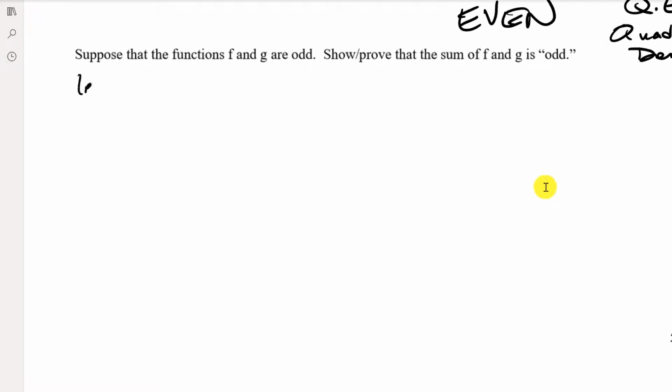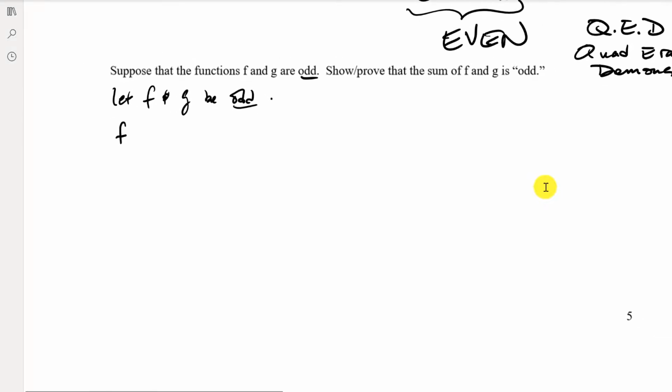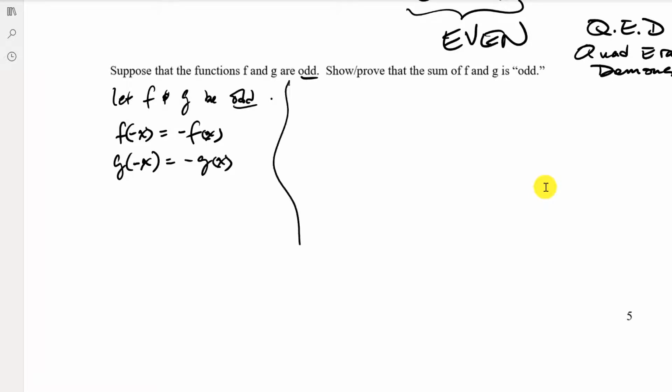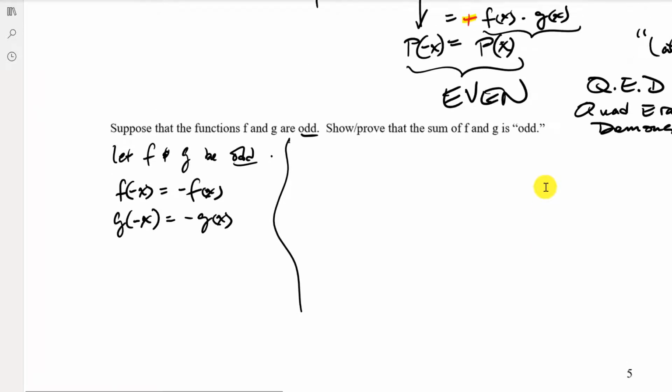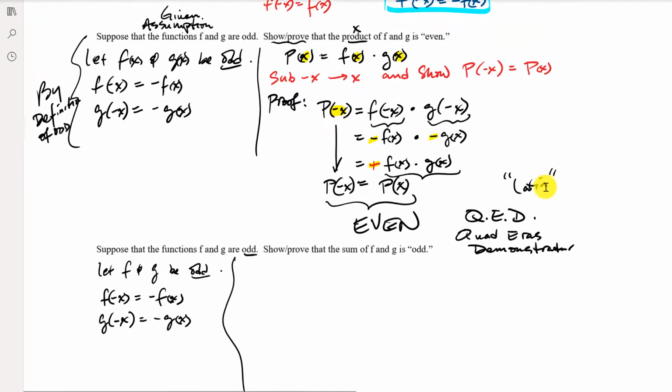So you say, let f and g be odd. What does that mean? That means that f of negative x is equal to negative f of x. That's what it means to be odd. G of negative x equals negative g of x. That's what it means to be odd. You start off with that. These are the assumptions, just like I did in the previous one above.